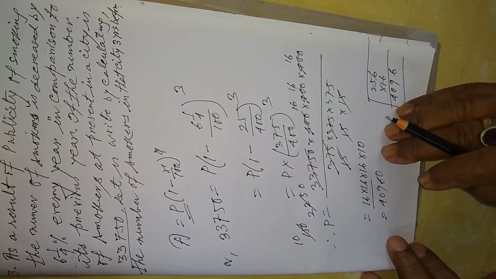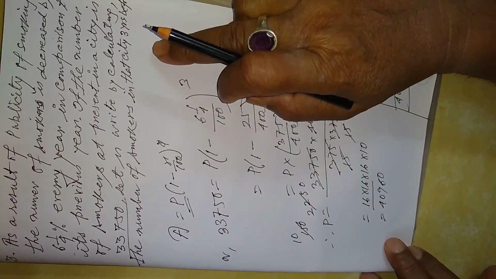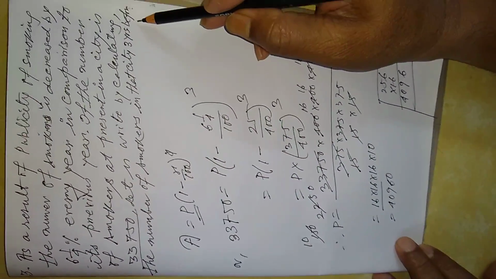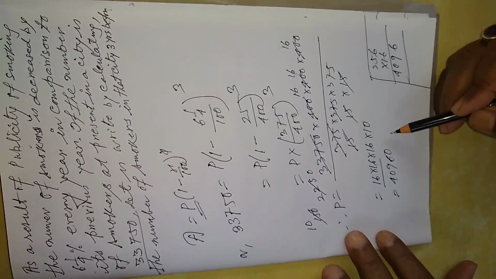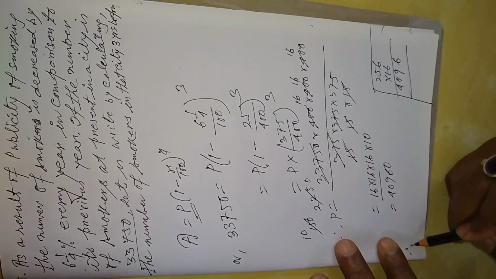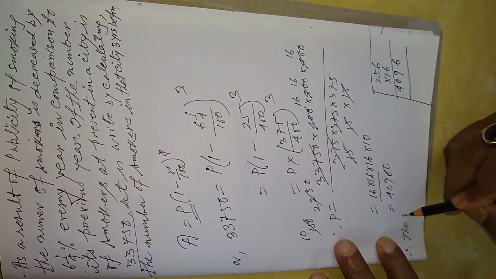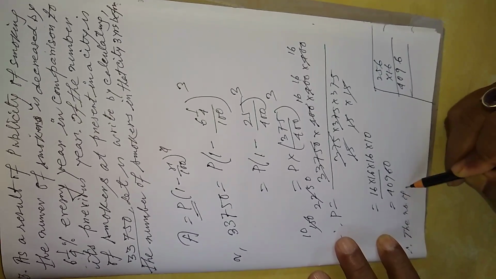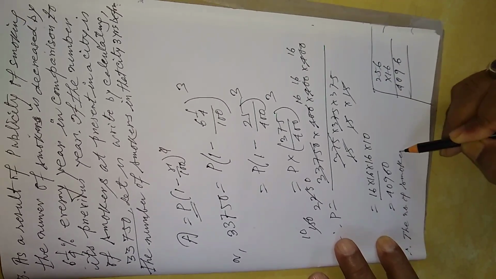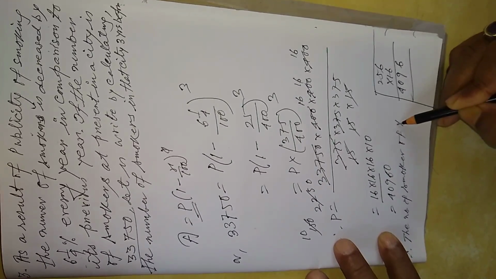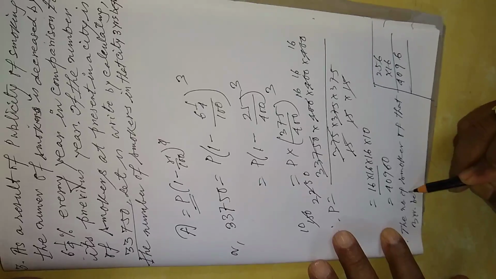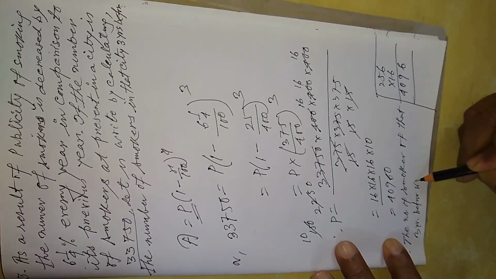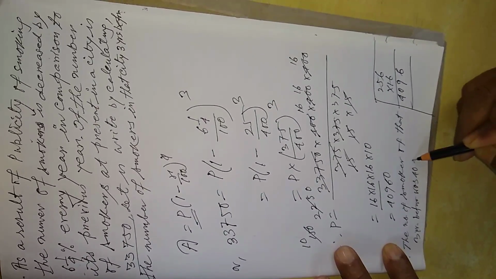So the number of smokers of that city before 3 years is 40960. The answer is 40960. So you have to write: therefore the number of smokers of that city 3 years before was 40960.